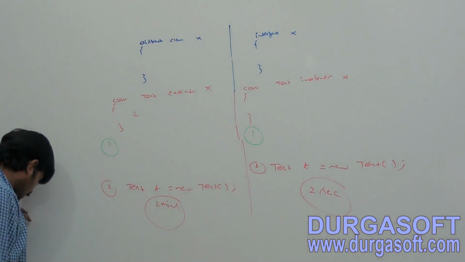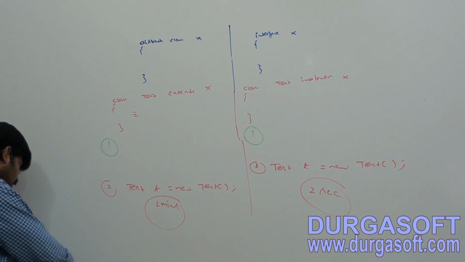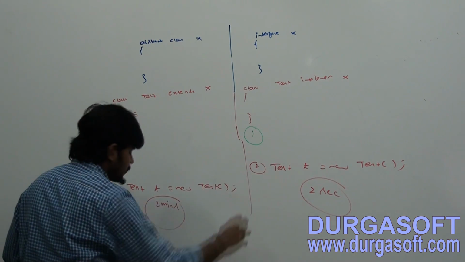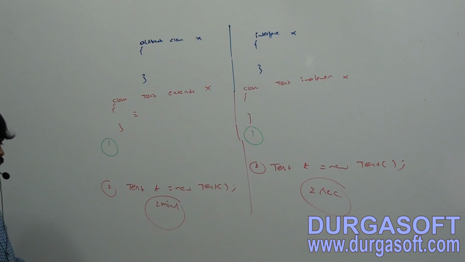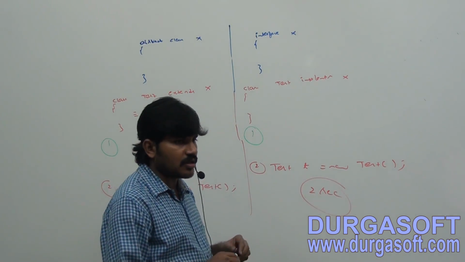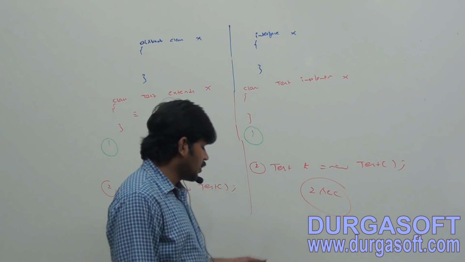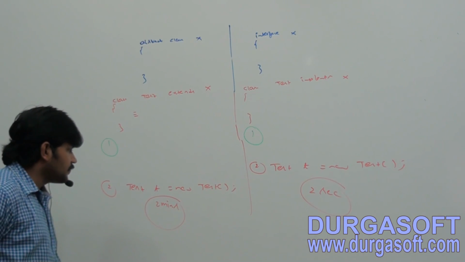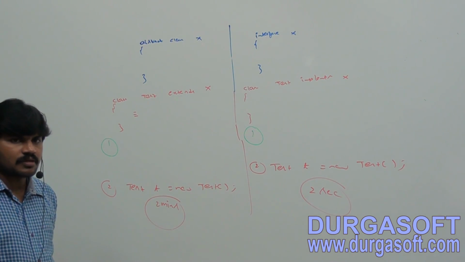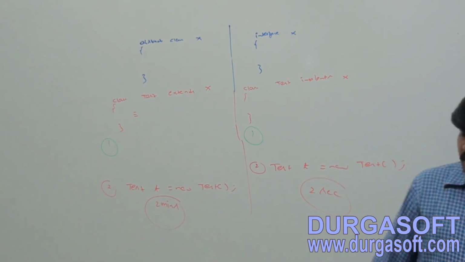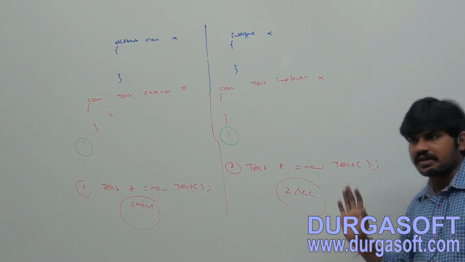Next, the other side. In this case, object creation is not costly. Tester t = new Tester, 2 seconds.